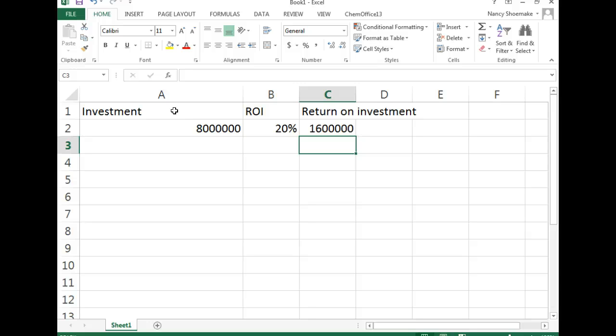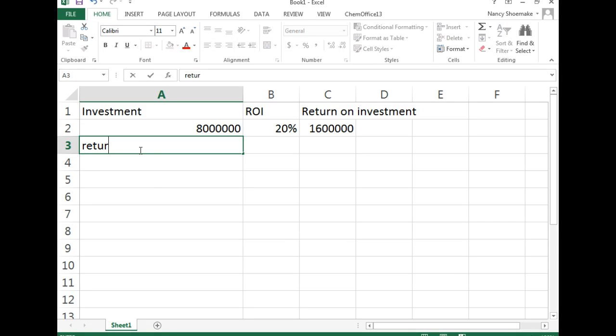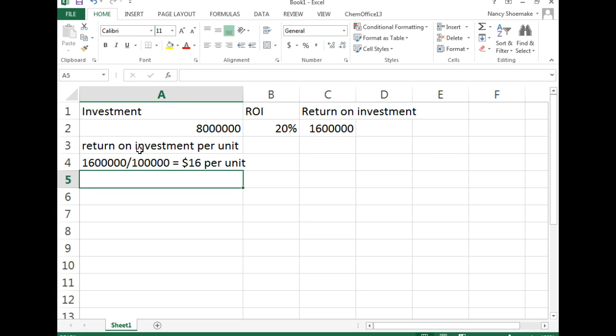So if we are going to produce how many units? 100,000 units? What's going to be our return on investment per unit? $1,600,000 divided by how many units? 100,000 units? $16 per unit.